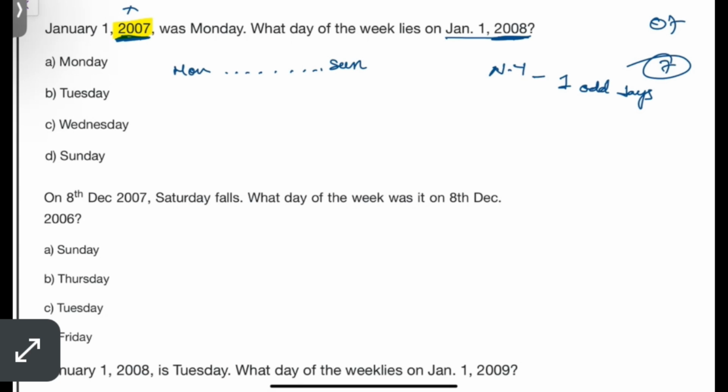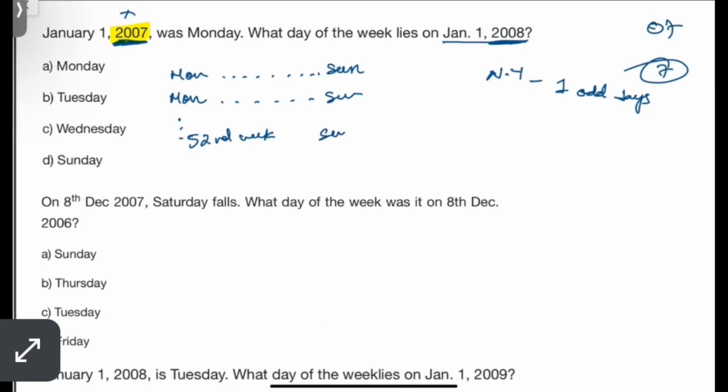After that, the next week cycle will start from Monday. Again, another week will start from Monday and go on till Sunday. Likewise, it will go for 52 weeks. That means by the end of the 52nd week, the last day of the 52nd week will be nothing but Sunday. But we know that there is 1 odd day, 1 extra day. That means the next day will be how much?